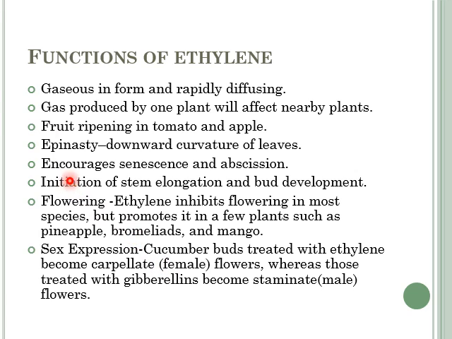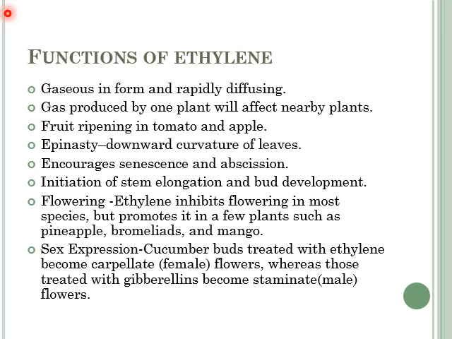With this we finish our very important plant growth regulators, that is auxin, gibberellin, cytokinin and ethylene. They are the plant promoters, whereas abscisic acid, that is ABA, is the growth inhibitor.